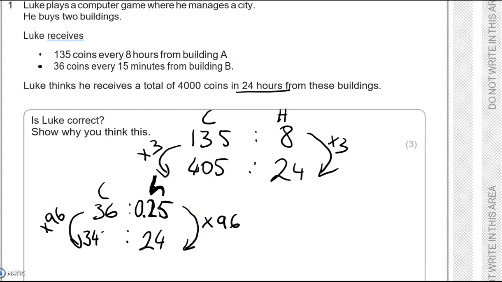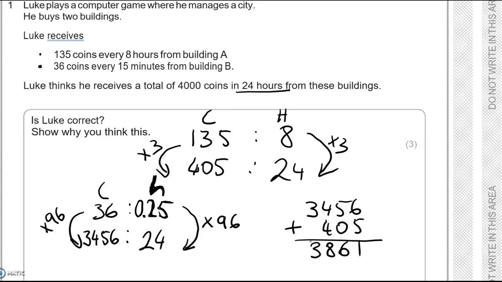In total, that's going to be 3,456. Add 405 gives us 3,861. So that is less than 4,000.